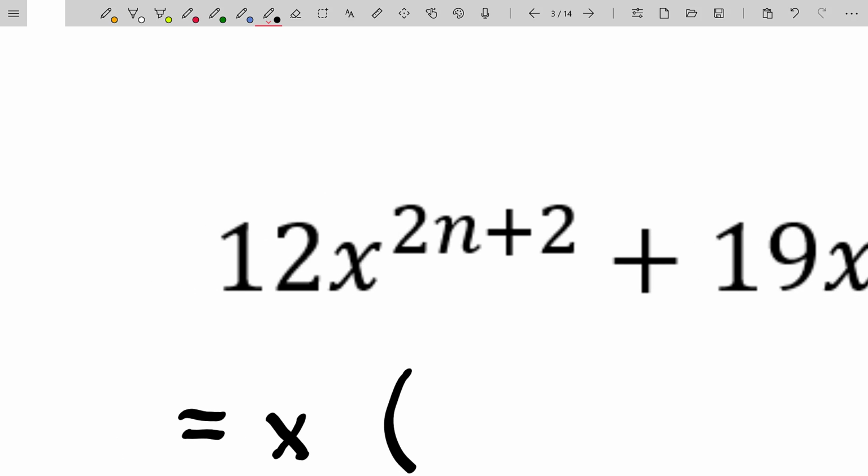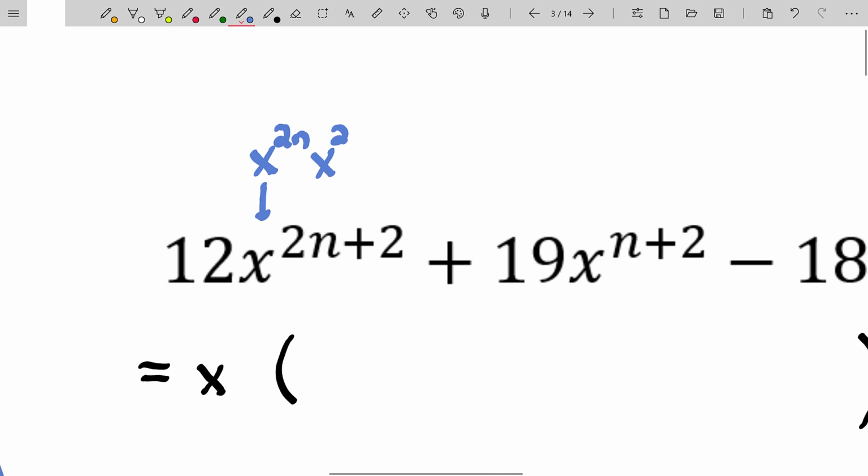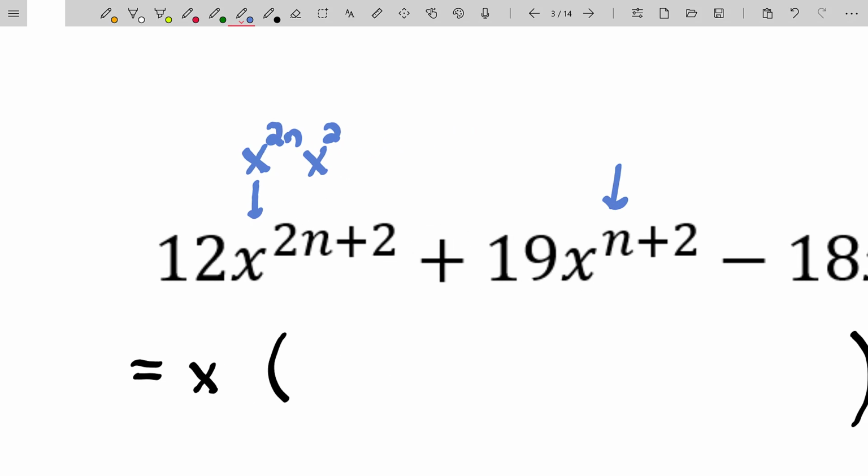Well, if you look at the first term here, I'll write it in blue up above, this by the law of exponents is actually x raised to the 2n power times x to the second power. Let me zoom out a little bit just so that my handwriting isn't too terrible. Again, the next term in line is actually x to the n times x to the second power, just because of the law of exponents, where x to the m plus n is equivalent to x to the m times x to the n.